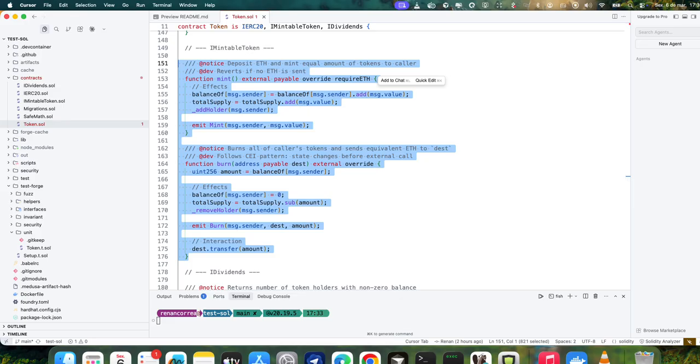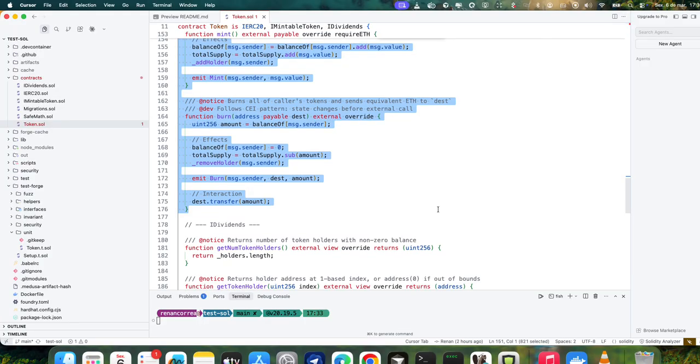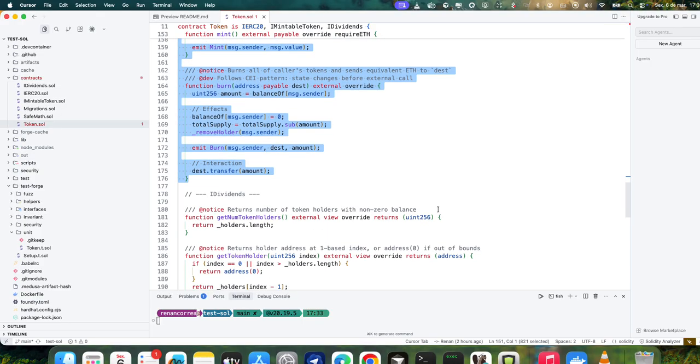First, it reads the balance, then zeroes it out, decrements total supply, removes the holder from tracking, emits the event, and only then makes the external call with .transfer. This ordering ensures that even if there was a re-entry, it would be harmless. On top of that, transfer only forwards 2300 gas, which is not enough to execute any meaningful re-entrant code.